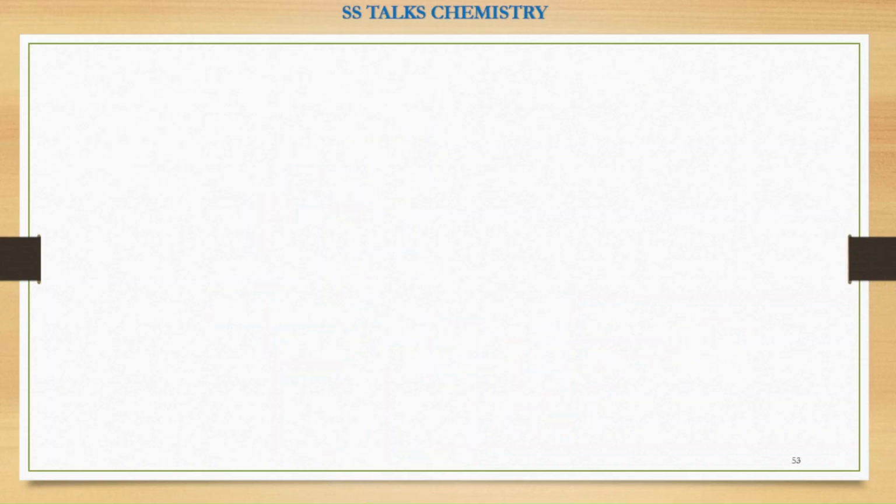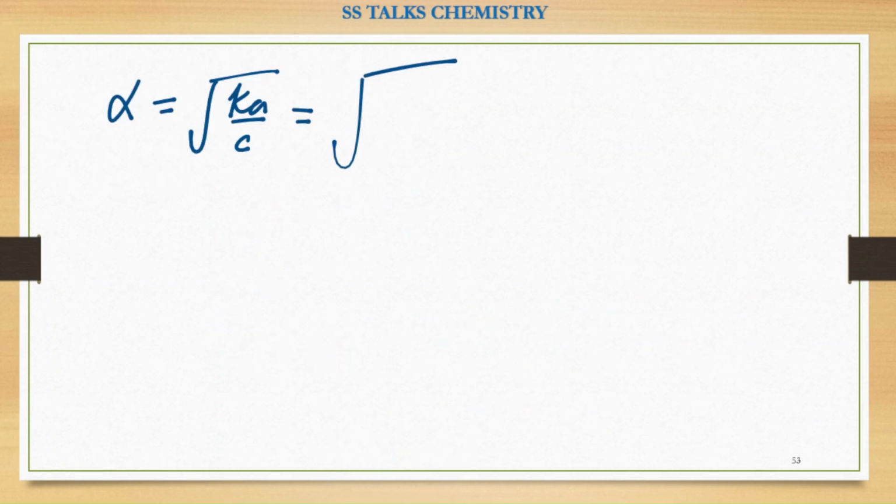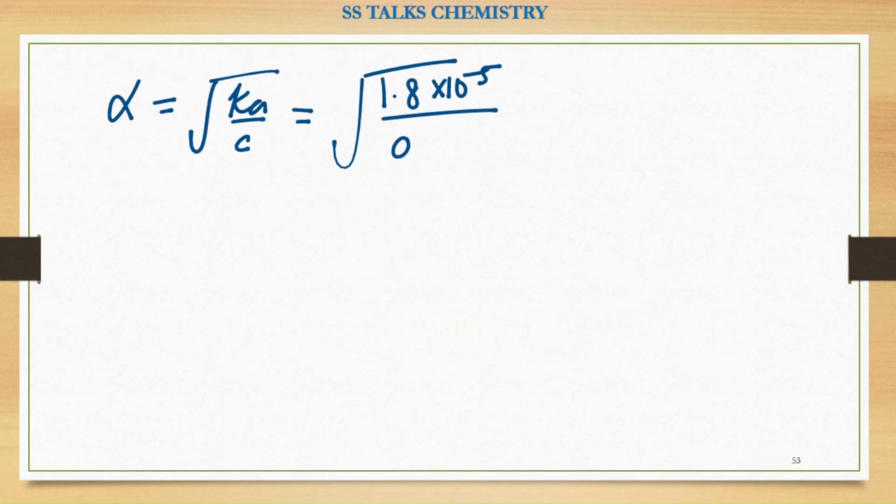So now alpha value will be equal to the root of Ka by C. Dissociation constant we are having as 1.8 into 10 raised to the power of minus 5, and concentration value is 0.01. So two decimals are going in the numerator.